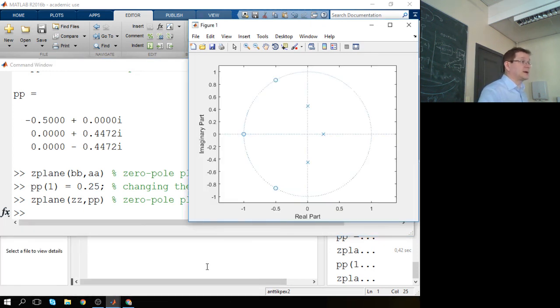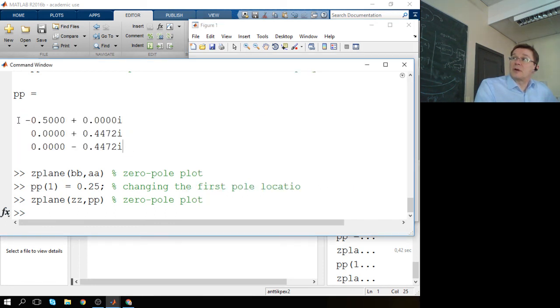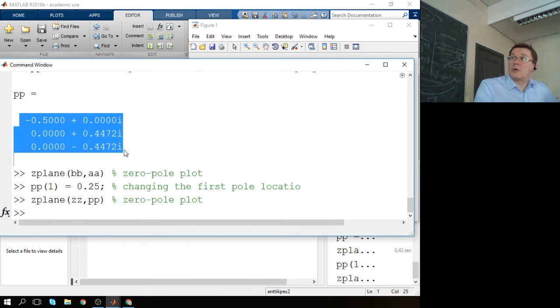And I can do that because zeros and poles are always column vectors, and the row vectors are reserved for the system coefficients.